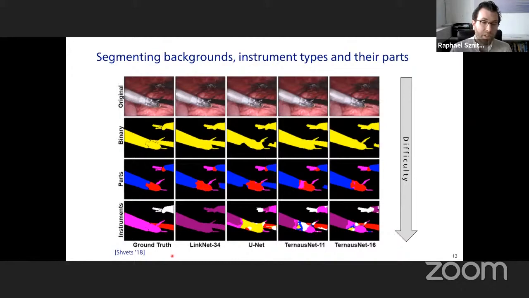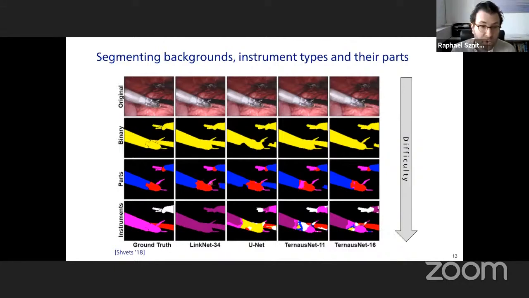And so here what I'm showing was an extract of a paper in the community looking at the ground truth for these different cases for this one image and how different methods were performing. And so what you can see is that binary segmentation in general does very, very well. When we consider parts, it does pretty well as well.